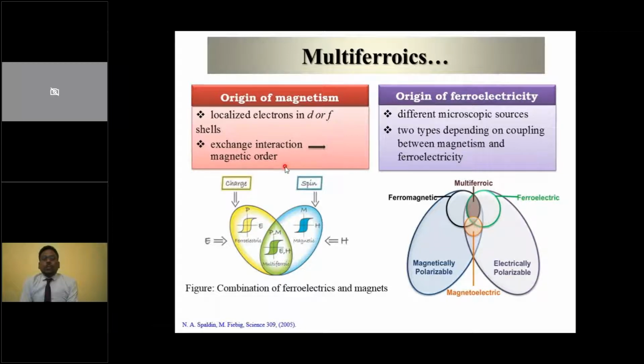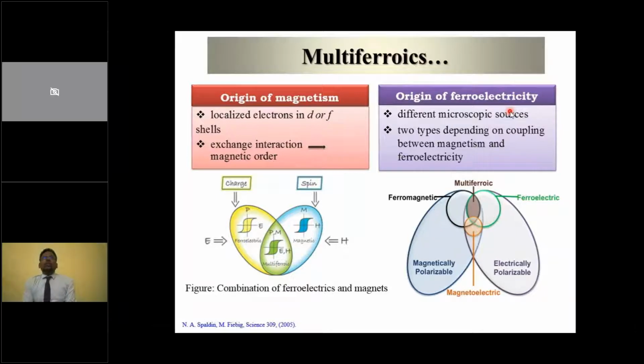In this Venn diagram, the yellow section is purely ferroelectric, this is the magnetic part, and the common portion, shown in the green section, is the multiferroic region.